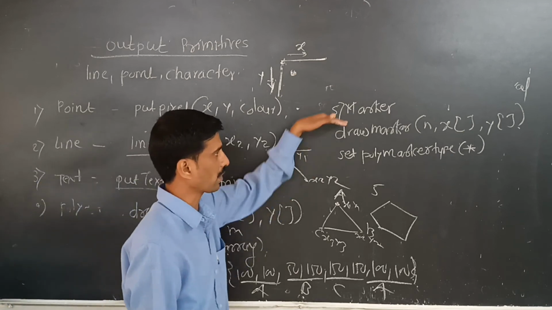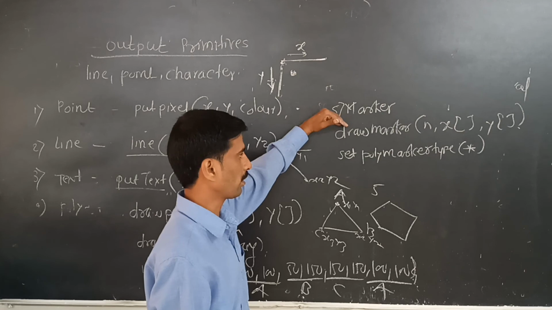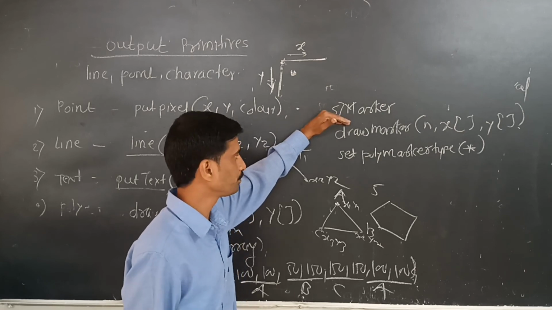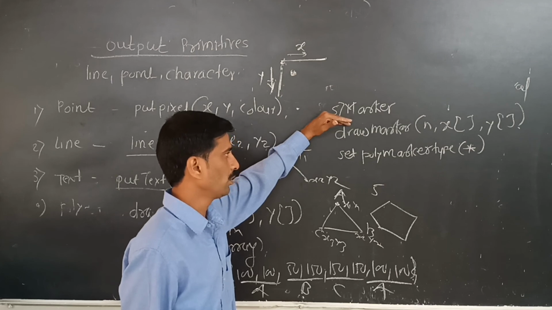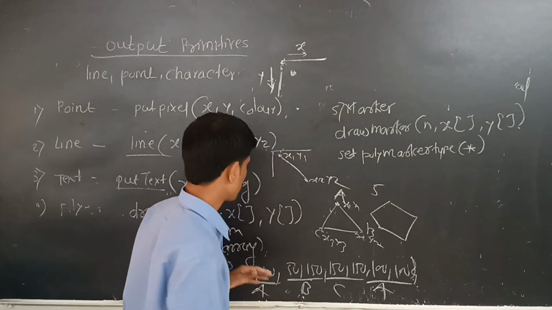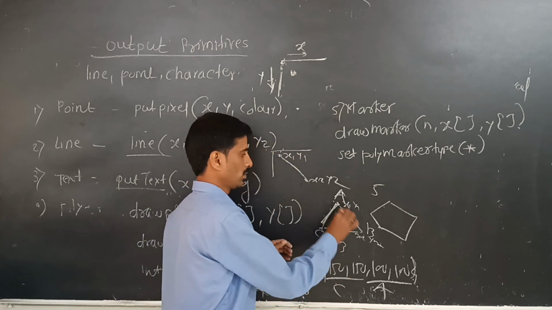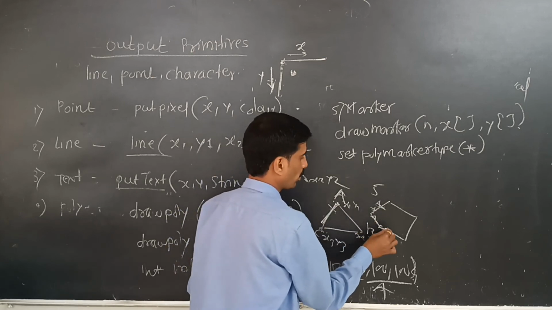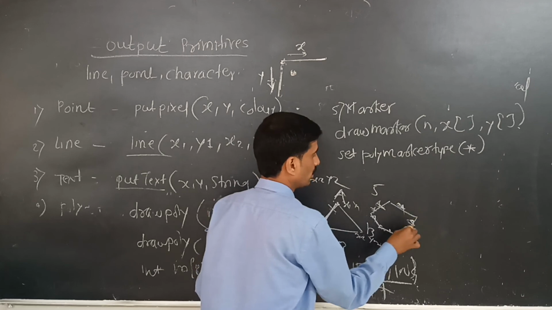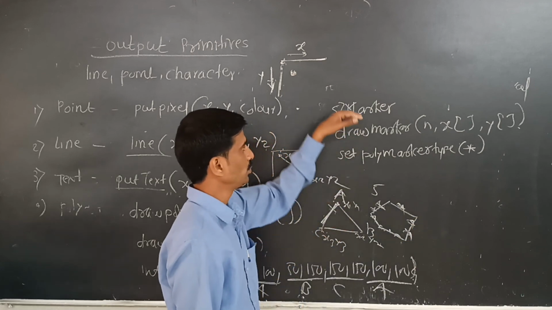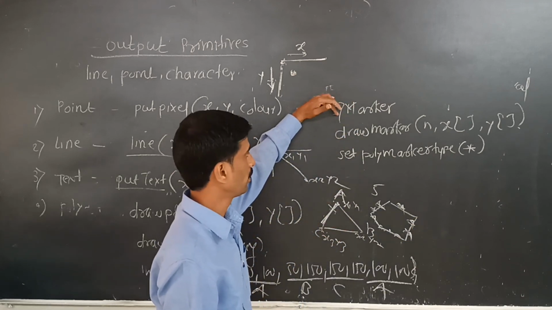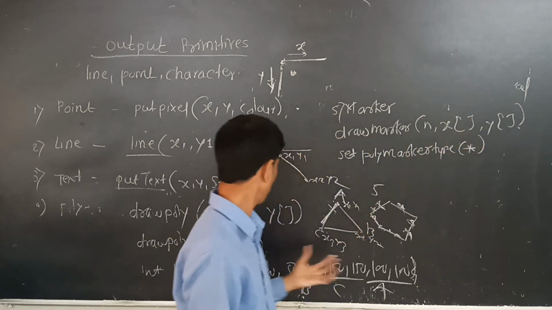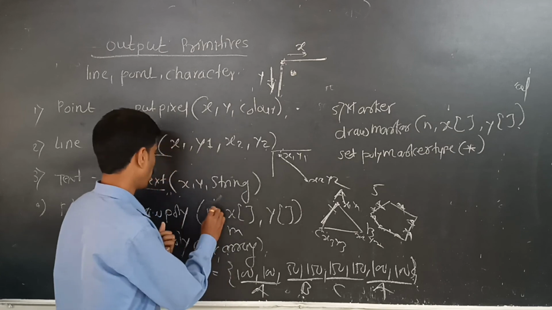And last is the marker. This is a marker. It means I want to display the polygon, but instead of drawing it with a line, I want to draw it with some symbol. If I want to draw the polygon with stars, then I use the marker function: draw marker n, x array, y array, similar to draw poly.